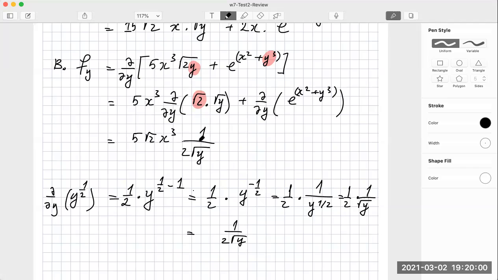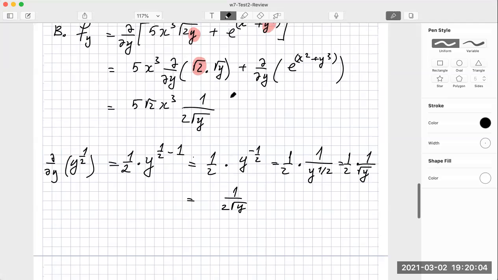Anyway, this form is correct. So let us continue.